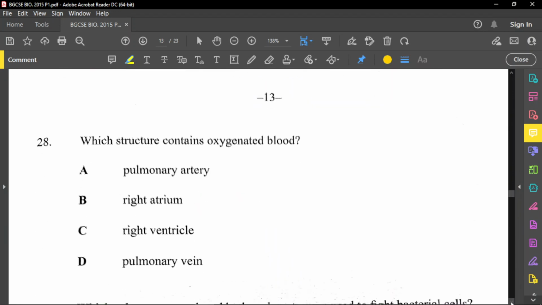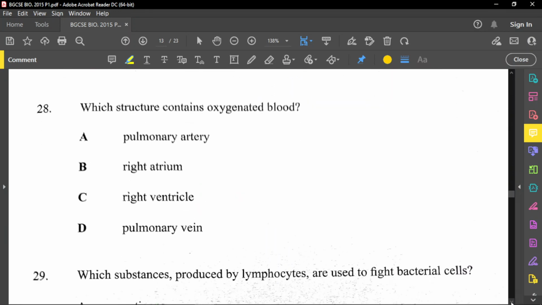And this is question number 28. It says, which structure contains oxygenated blood? Just to make a note right here, I'm seeing pulmonary artery and pulmonary vein. Now, generally, arteries carry oxygenated blood, with the exception of the pulmonary artery, which is opposite. And veins generally carry deoxygenated blood, with the exception of the pulmonary vein.